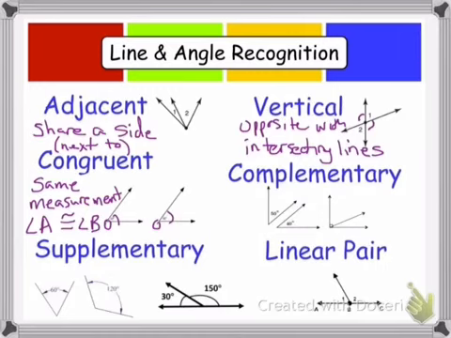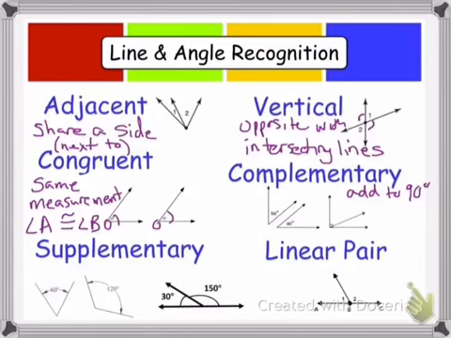Then we have complementary and supplementary angles. Complementary, they add to 90 degrees. So I see these two smaller angles added together create that 90-degree angle. I see two examples here, the 50 plus the 40. They don't have to actually be touching each other to be complementary. They add up to 90. And in the second example, they are adjacent angles.